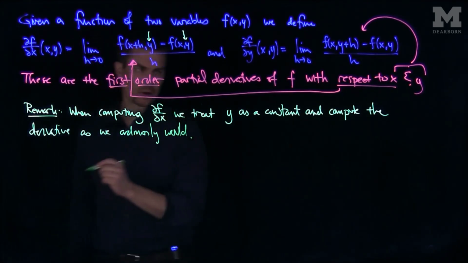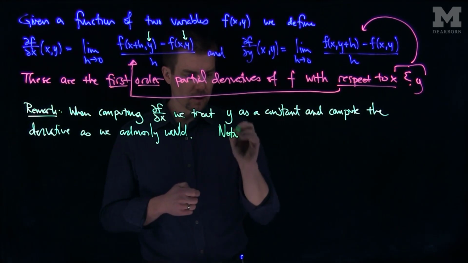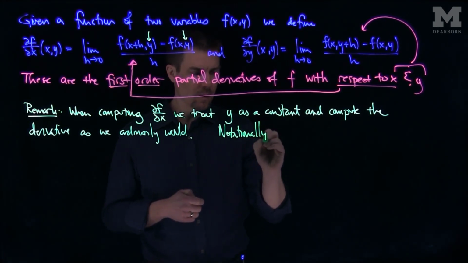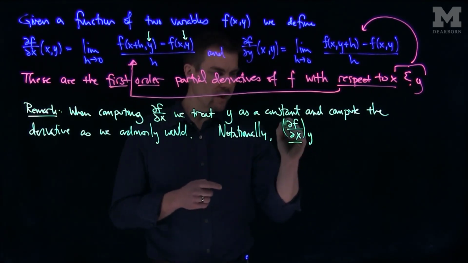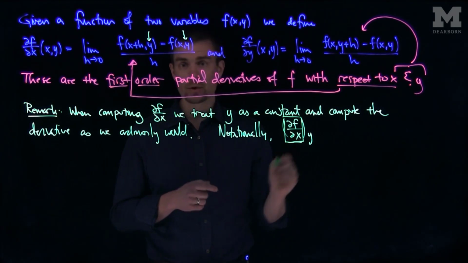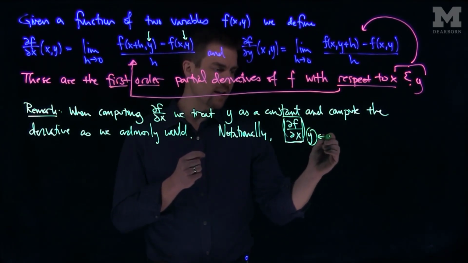We'll do some examples shortly, but one other notational remark: we will often write partial f partial x with y in parentheses, and that says that we're going to do the derivative of f with respect to x, so f is changing and x is changing, but the variable outside is the constant.